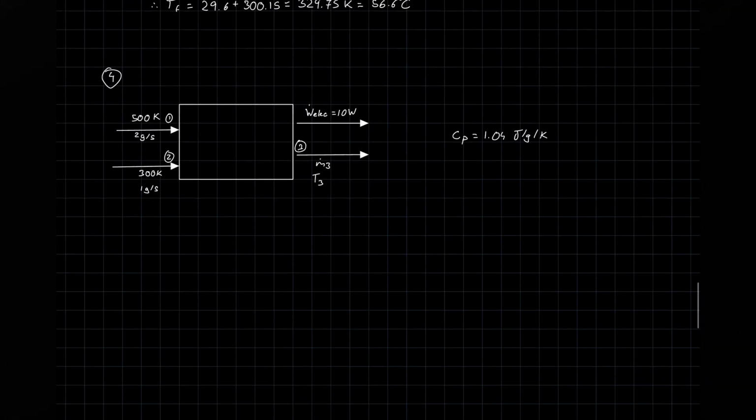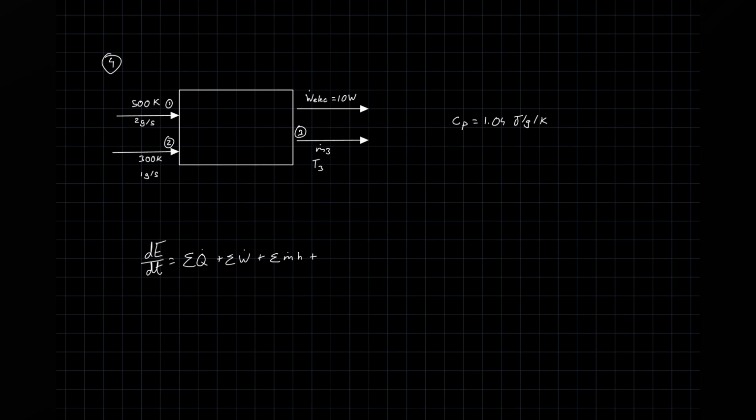Let's start with our energy balance. So dE/dt will be the sum of all the heat flows plus the sum of all the work flows plus any mass flows. We can neglect kinetic and potential energy, so that's just specific enthalpy with respect to mass going in, and any sum going out of mass flows times the enthalpies, because again we can ignore kinetic and potential energies.